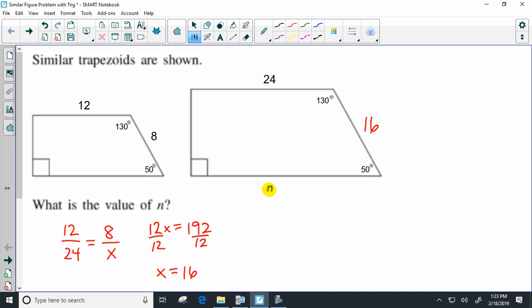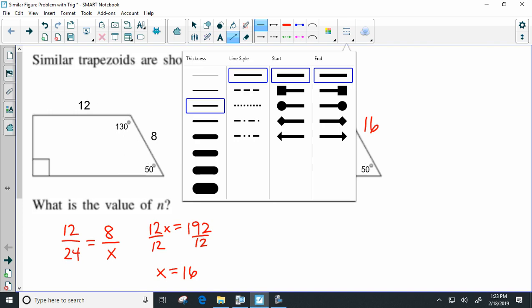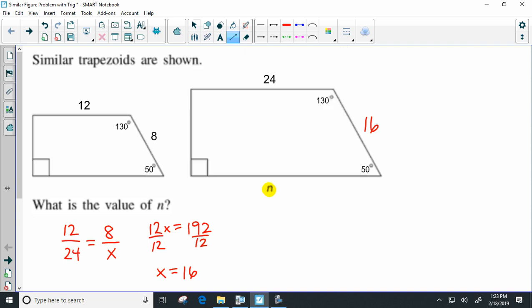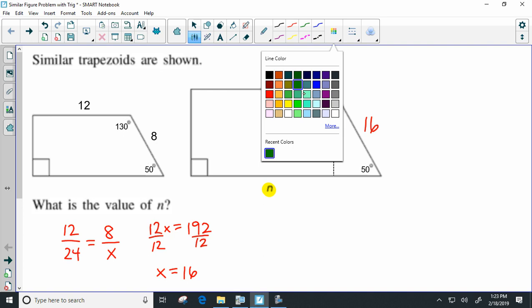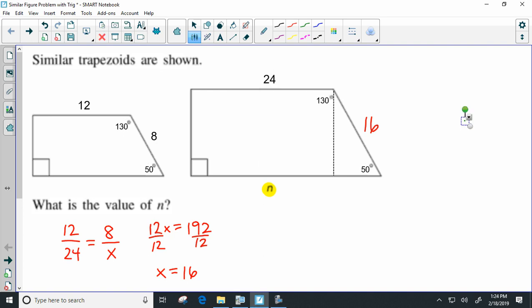Now, why is that important? Well, it's important because in order to find n, I'm actually going to do a little trick here. I am going to drop a dotted 90-degree line straight down.